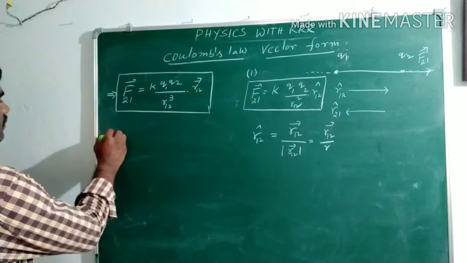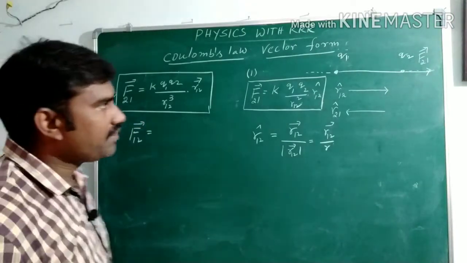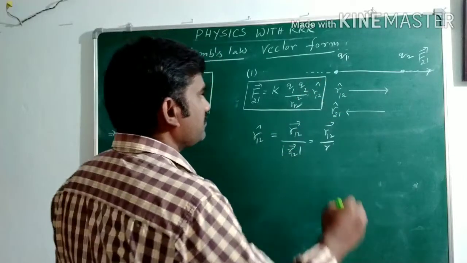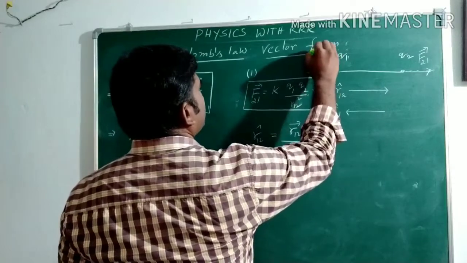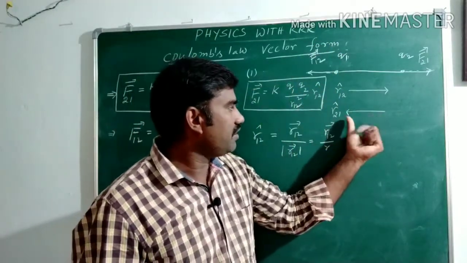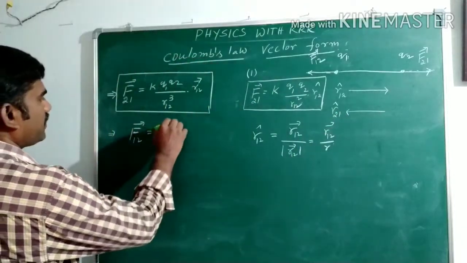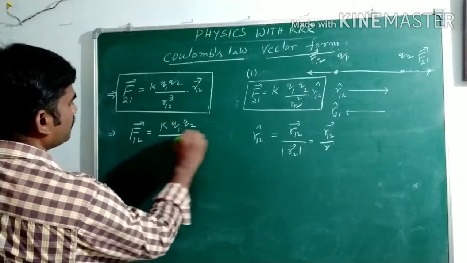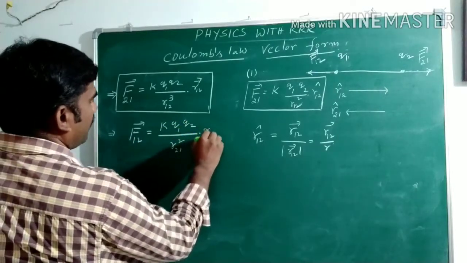Now in the same manner, F12 bar is the force acting on 1 due to 2, acting in this direction. So this is the direction of unit vector R21 cap. Now we can express K Q1 Q2 by R21 square into R21 cap.